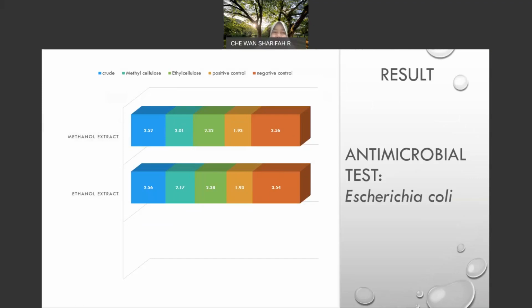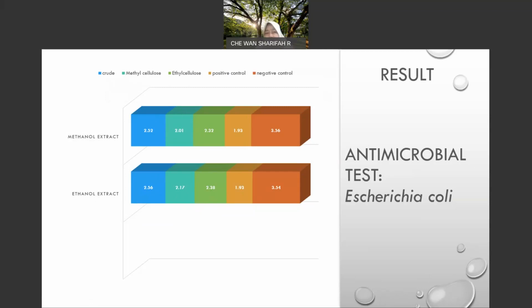And we can see here there is a slight difference between the methanol extract compared to the ethanol extract. But if you go through it deeply, because of these two different types of extraction, which are methylcellulose compared to ethylcellulose, you can see the ethanol extract has a little bit higher performance.